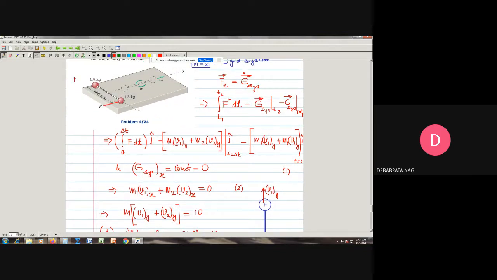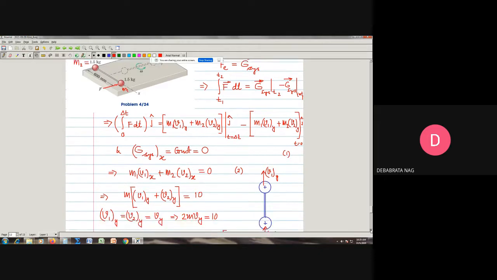Suppose this is m2 and this is m1. Both masses are equal and equal to 1.5 kg.